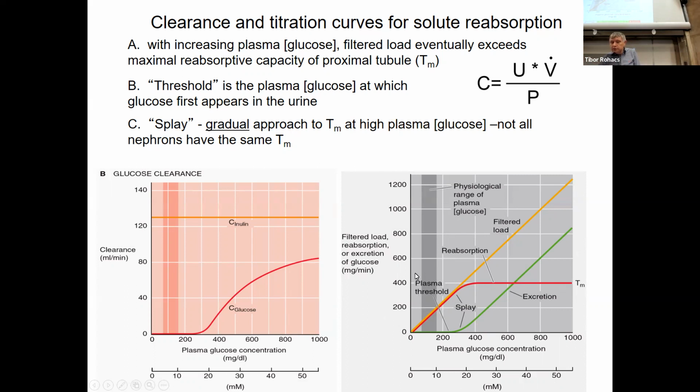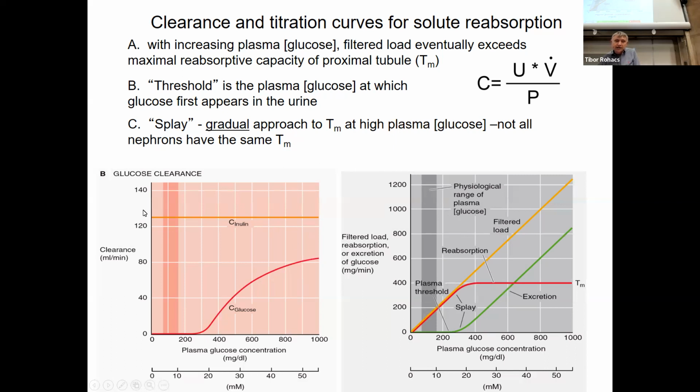So if we want to express this glucose titration not as excretion, filtered load, and reabsorption, but as the clearance of glucose, you can see here that the clearance of glucose is zero in the normal range because you don't have glucose in the urine. But then at one point, the clearance of glucose starts to increase.